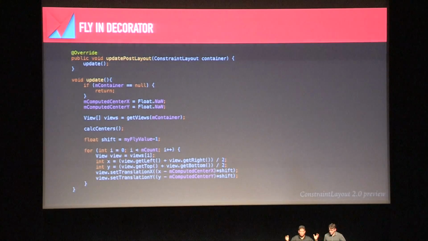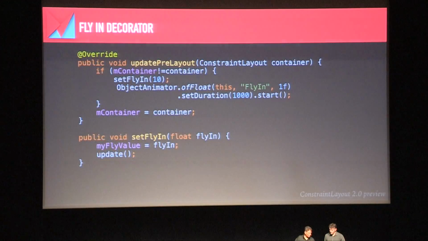Post-layout, we set all their positions with translate and scale, and then we move them back in. Okay, and that's what it looks like. We call it, and of course, that's a pretty silly example because you can do that relatively easily. But it's more the idea that you don't have to code those things. You can essentially code it once, encapsulate it into a helper, and then just reuse it.